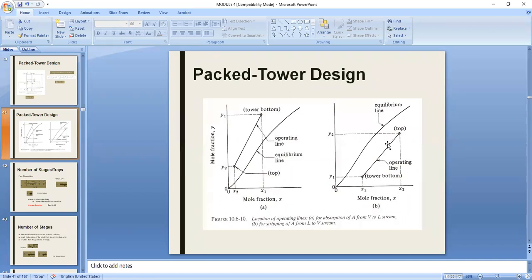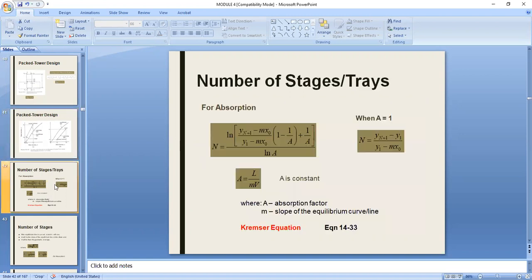There is a possibility that your operating line will not be a line, but could also be a curve, just like your equilibrium line, because these two are different. These are operating lines, and these are your equilibrium curves. It is suggested that, if you can recall, you get the A1 and the A2. This is the gas absorption factor at the tower bottom. So this is equivalent to L1 over M V1, if you're using the subscript 1 for the bottom of the column. And then A2 is equal to L2 over M V2.